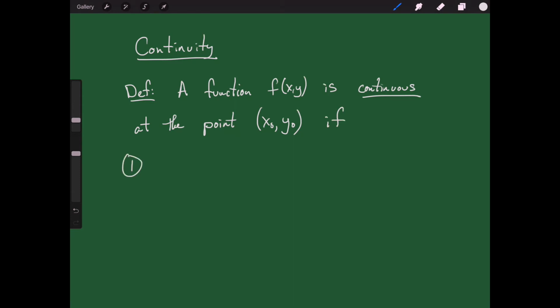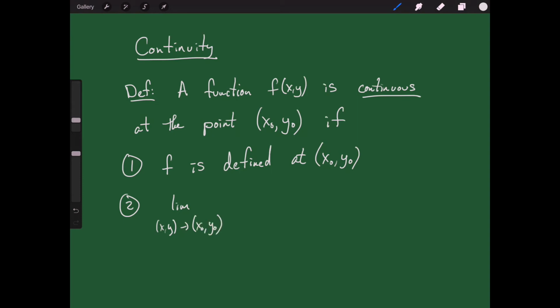First, f is defined at the point x0, y0. And 2, the limit as x, y goes to x0, y0 of f of x, y exists.